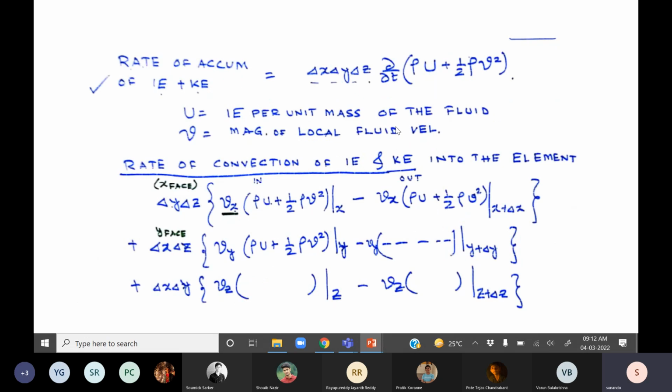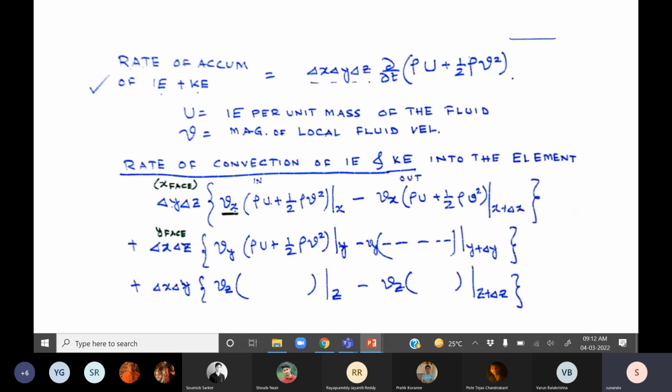So what's the accumulation of internal and kinetic energy, where we define U as the internal energy per unit mass of the fluid, multiply it with rho, so it becomes internal energy per unit volume, and then you take the time derivative of that, so it's rate of internal energy per unit volume. If you remember the Navier-Stokes equation, all terms in Navier-Stokes equation are something per unit volume.